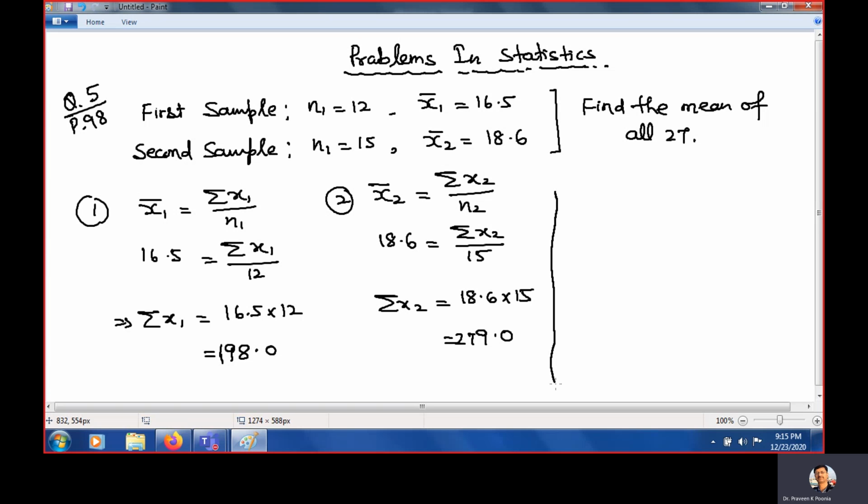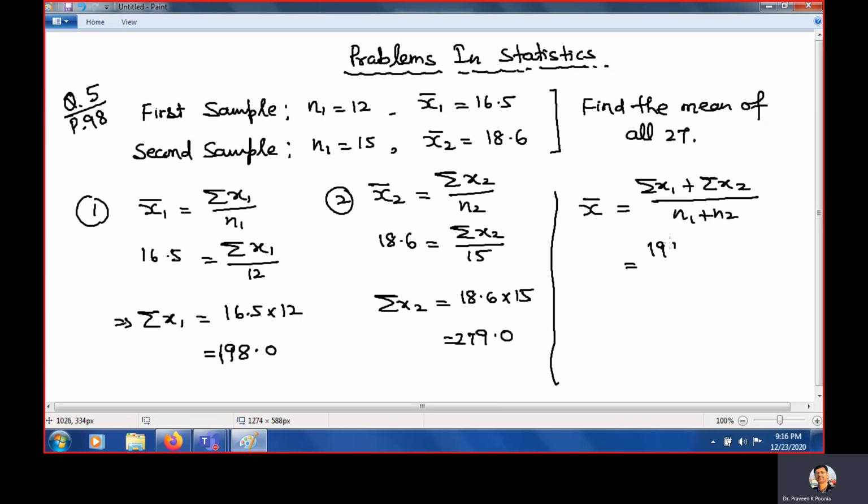So what is the mean of all 27? The mean of all 27 will be x bar equal to the sum of all the values for the first sample plus the sum of all the values for the second sample, upon the total number of values. Clear?